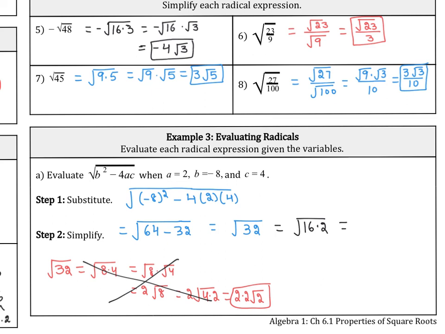So square root of 16 times square root of 2, square root of 16 is 4, so 4 square root 2. If you notice, this answer, 4 square root 2, and the other answer are the same, but we approached them differently. In the first case we have to break them into a few steps. In this case we just have to find the biggest perfect square, that is 16, and write the answer.